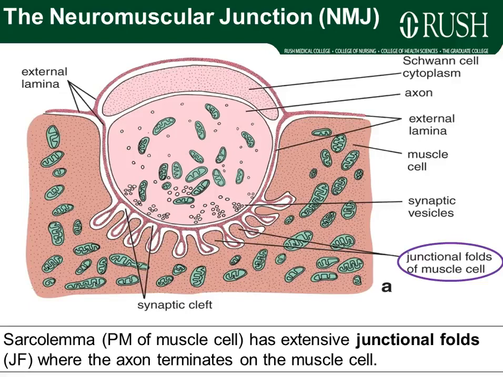And the muscle, which it's contacting, has very specific structure. The sarcolemma of that muscle cell is thrown into these folds called junctional folds, which increases the surface area, and that allows for more acetylcholine receptors within that membrane.